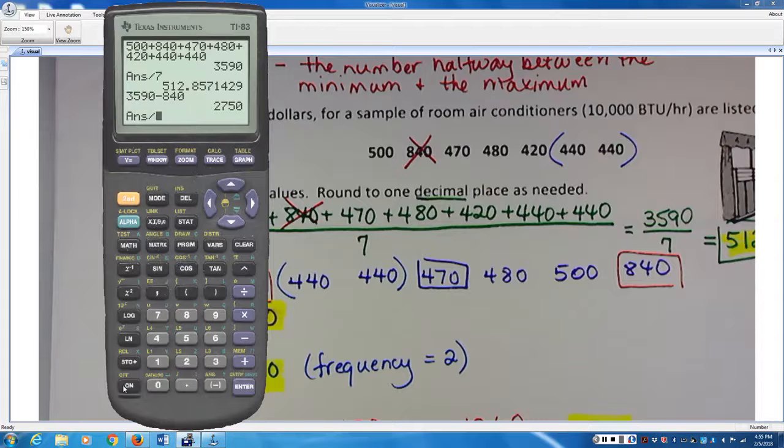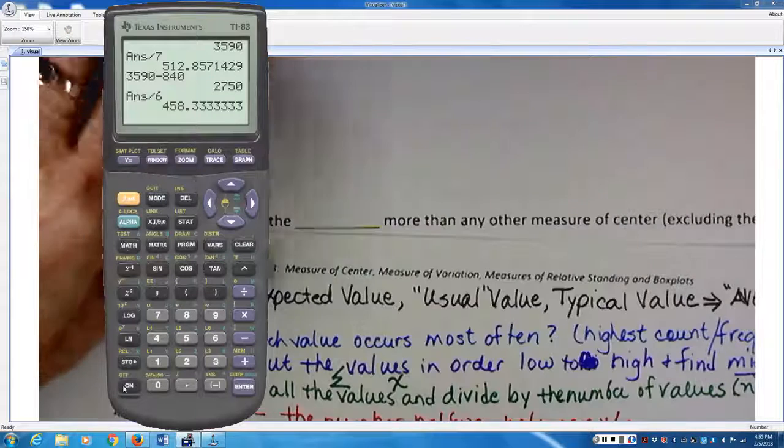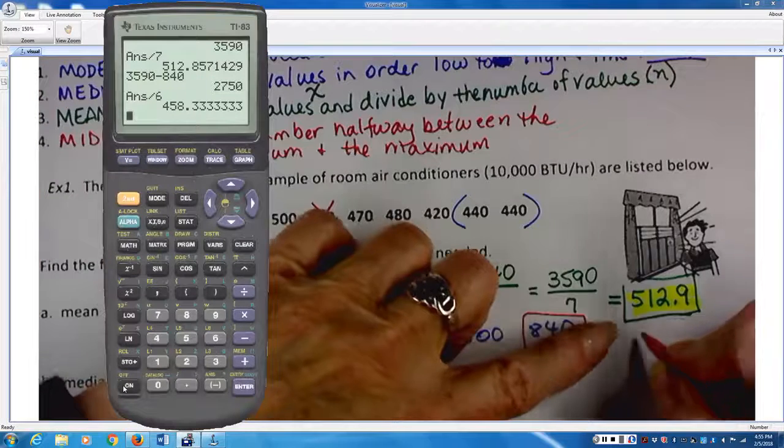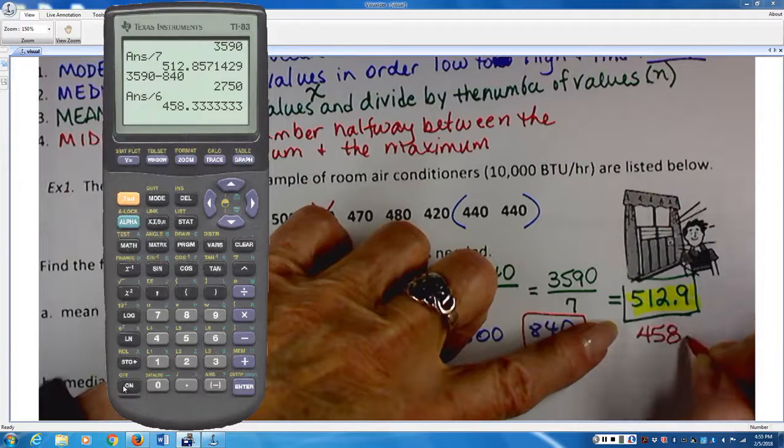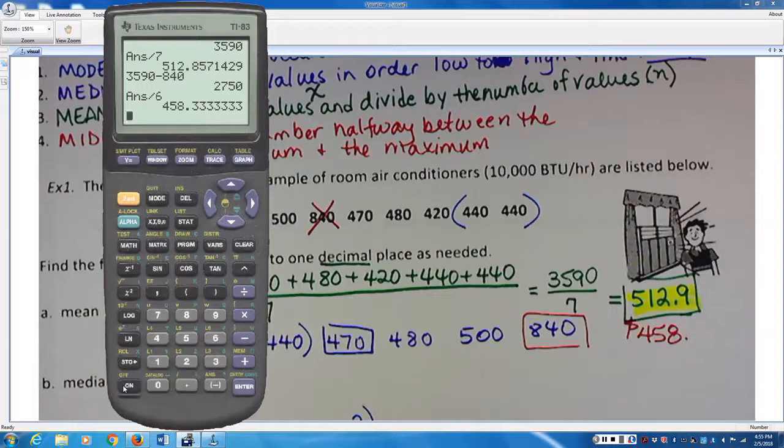And it keeps me now dividing by 6 air conditioners. That's $458. That's a big difference.